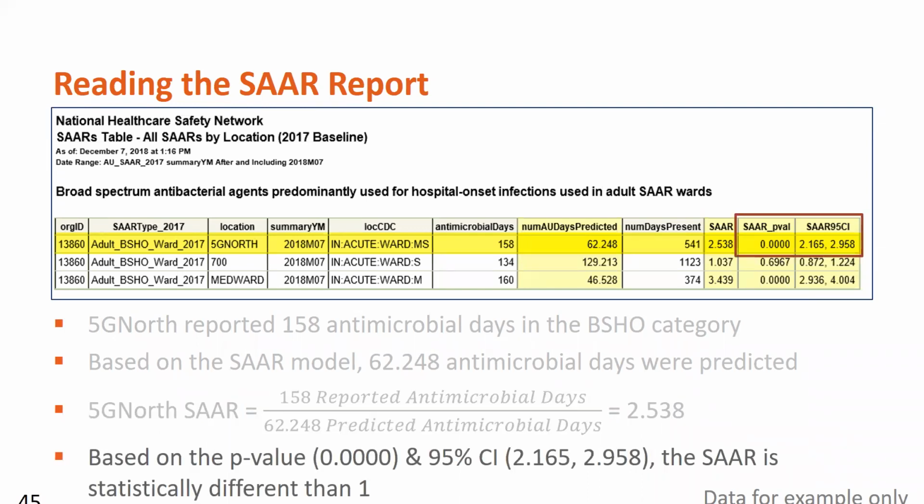If I look at the last 2 columns, the SAR p-value and the SAR 95% confidence interval, based on these values, the p-value of 0.000 and the 95% confidence interval, the SAR is statistically different than 1. So this is telling me that my SAR of 2.538 is statistically different than a SAR of 1.